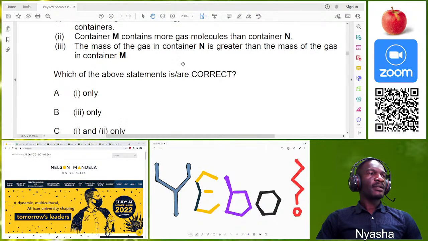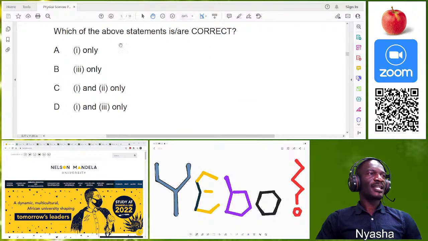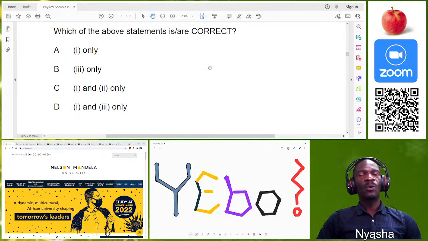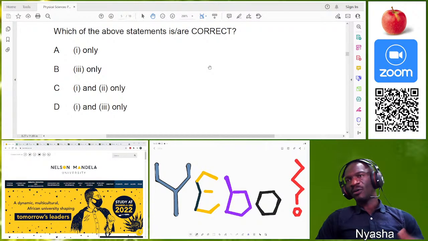Now, the question requires us to pick which one of the above statements is or are correct. So of these three, which is correct, or which are correct. So obviously we don't need to read it out.